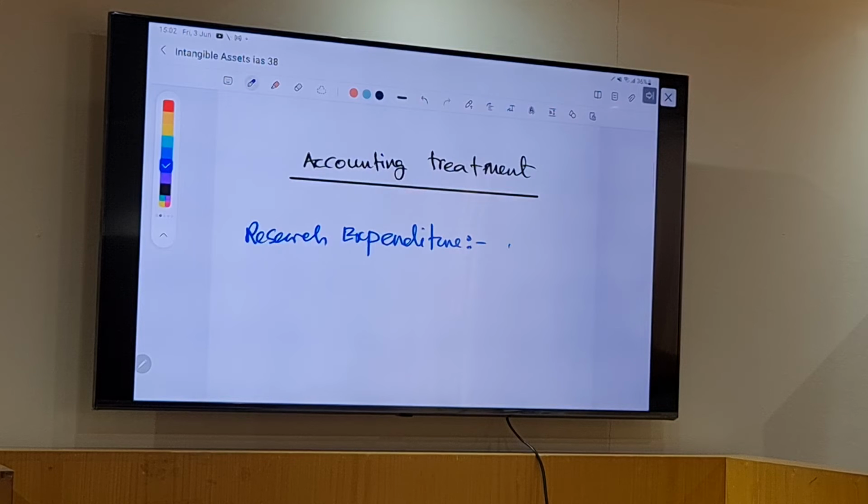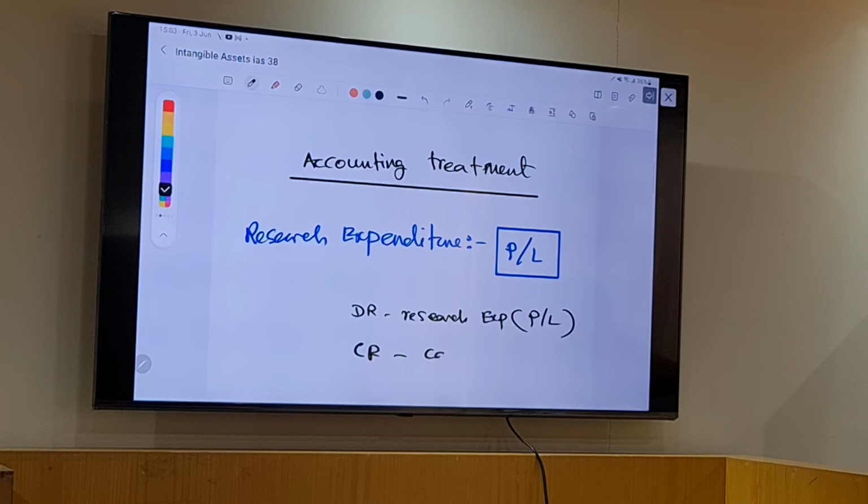Simply treat that as an expense and take this to profit and loss account, so write off to P&L. So what will be the double entry then? Debit research expenses, which will go to P&L, credit cash. Understand?